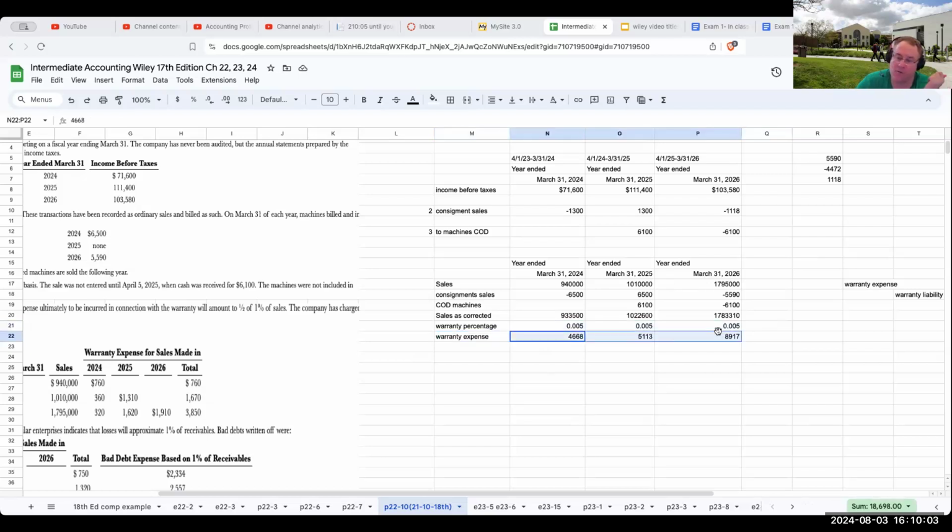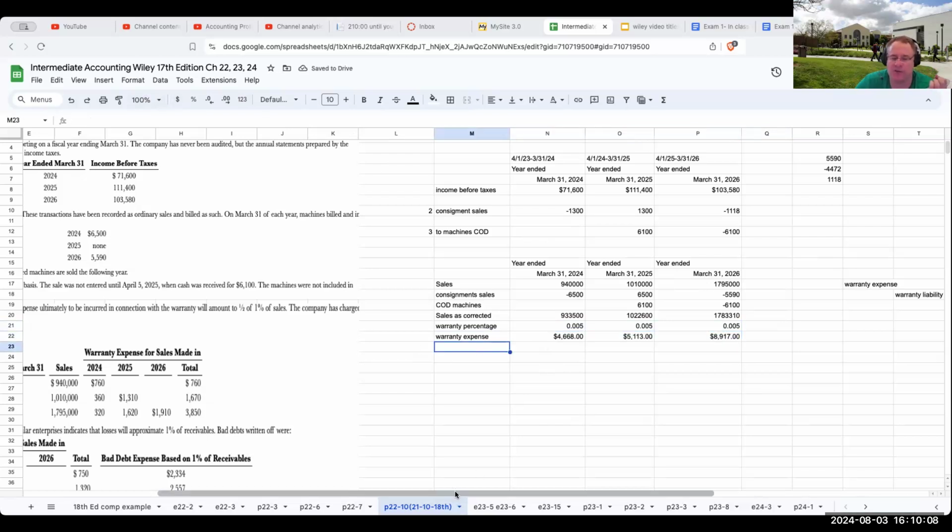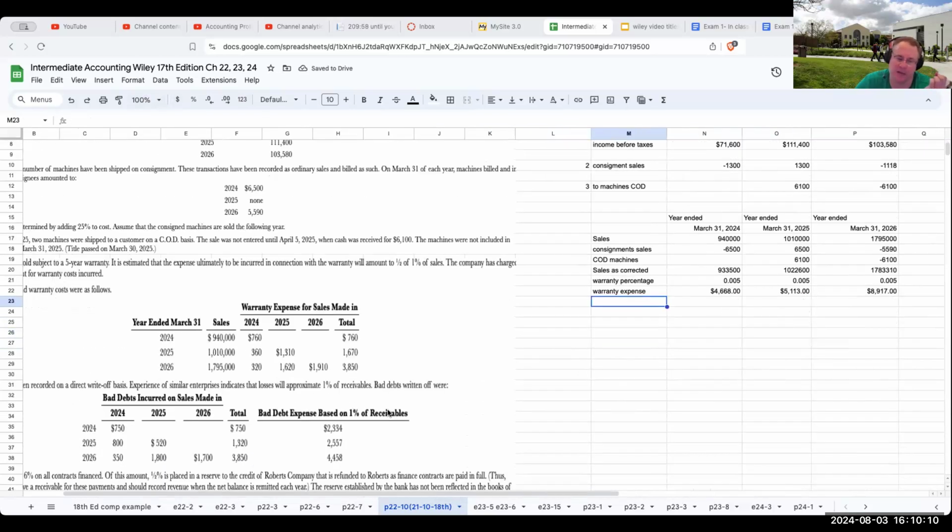All right, now here's what we should have booked. But the question is how much warranty expense were we recording in every single one of the years? So my expense recorded over here for 2024 was a total of 760.